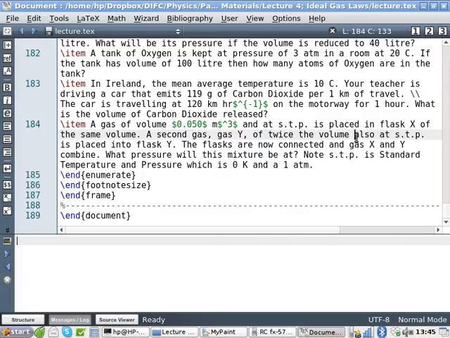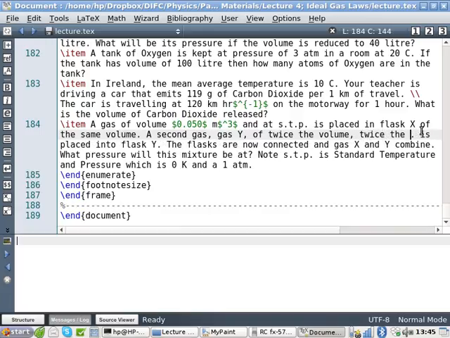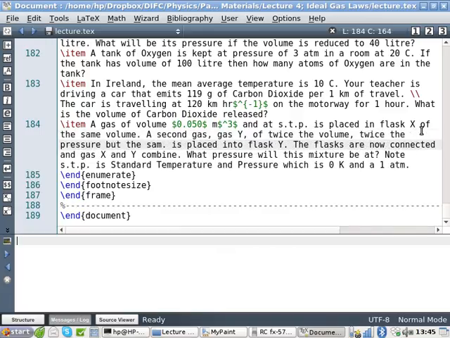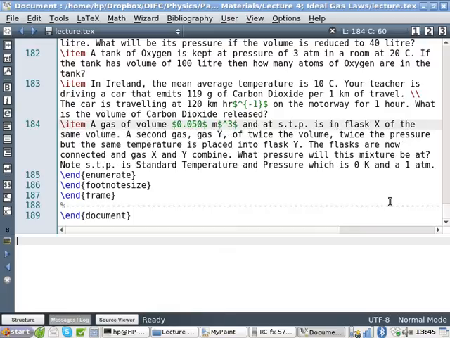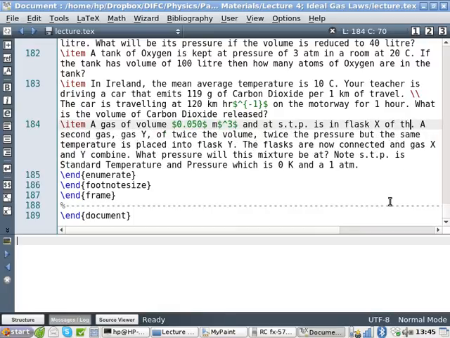I'm going to make it twice the volume, twice the pressure, but the same temperature, is placed into flask Y. No, that's stupid English. A gas of volume that and standard temperature and pressure is in flask X. That's better.